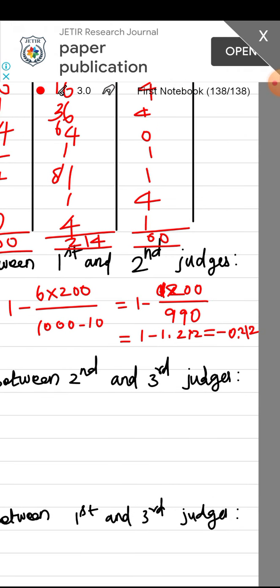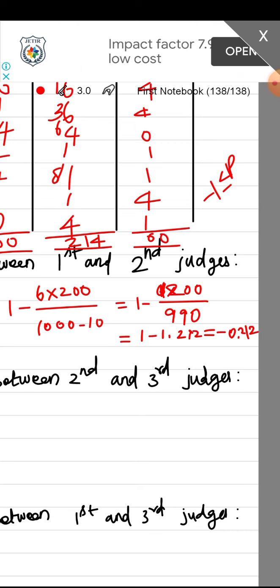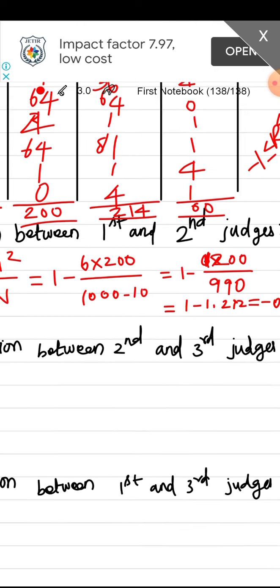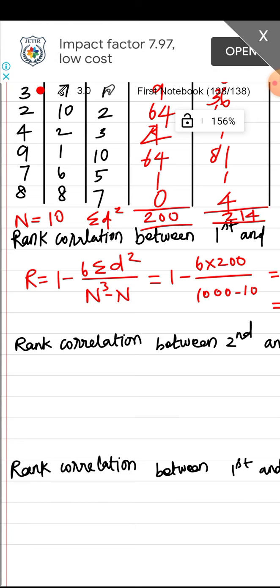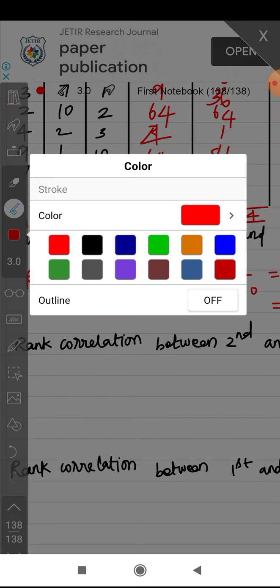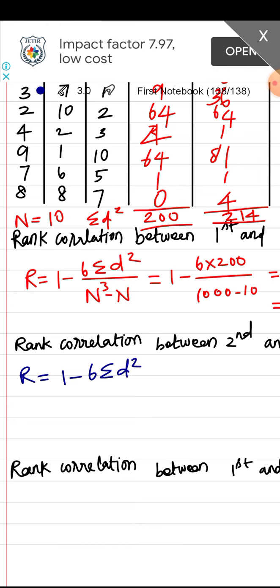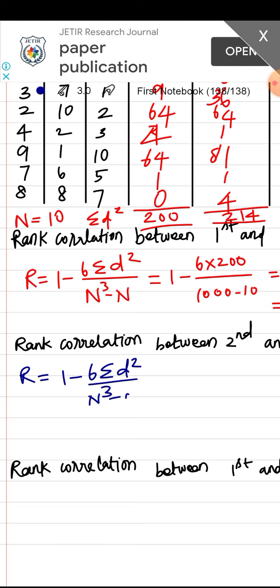The rank correlation coefficient lies between minus 1 and 1, that is, minus 1 is less than or equal to r, which is less than or equal to 1. So it may be a negative value, but it is greater than minus 1. Next we have to find the rank correlation between second and third. So r equals 1 minus 6 into summation d square divided by n cube minus n.